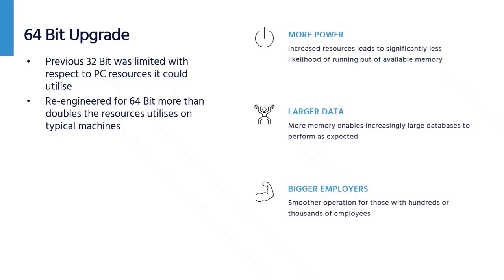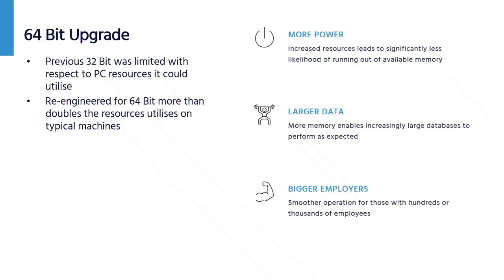Essentially, the main difference in being a 64-bit program, like Sybiz Vision is, is that it allows the product to use more resources on the computer rather than being restricted to just a fraction of what's available. The benefit of that is it allows the software to use more power within the computer and handle larger data sets.